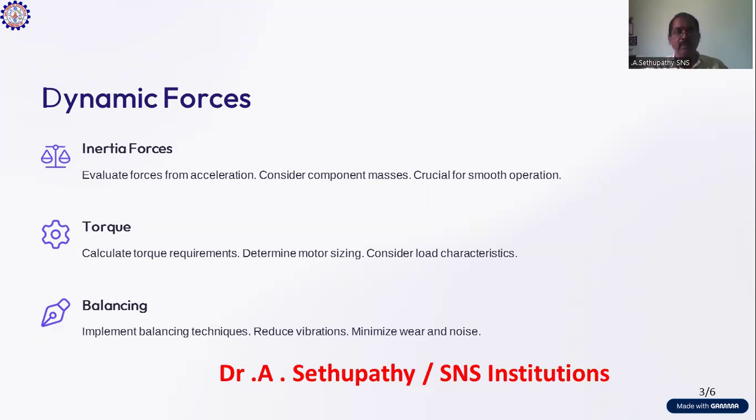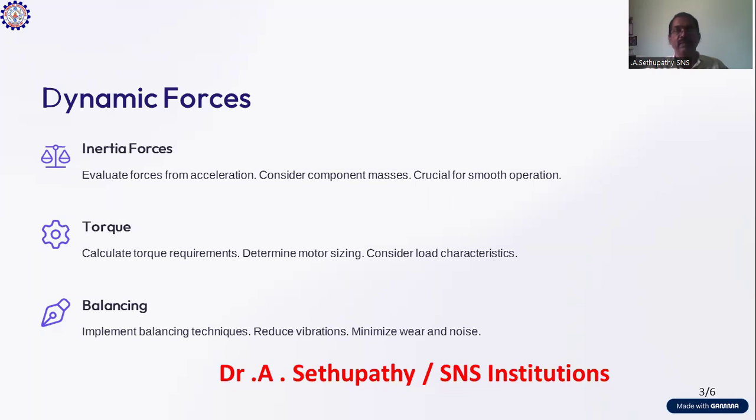Then torque: calculate torque requirements, determine motor sizing, and consider load characteristics. Torque is the twisting effect of the components, which is converted into forces. Then balancing: implement balancing techniques, reduce vibrations, and minimize wear and noise.